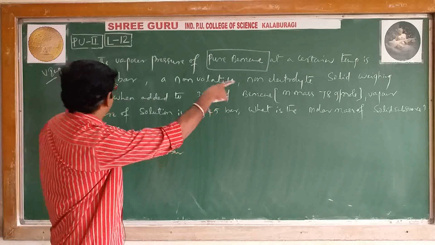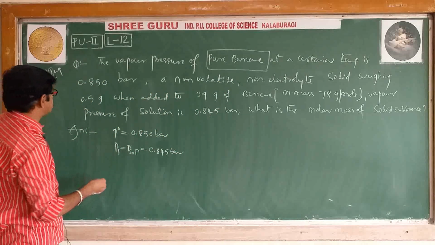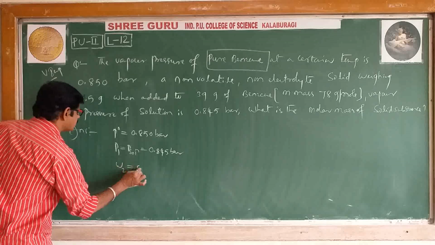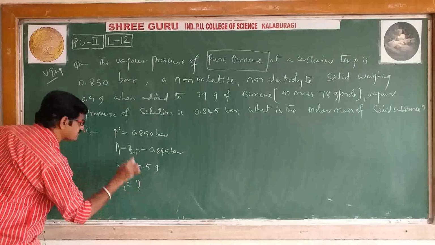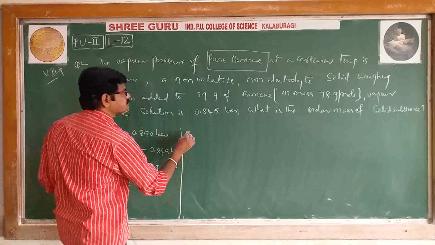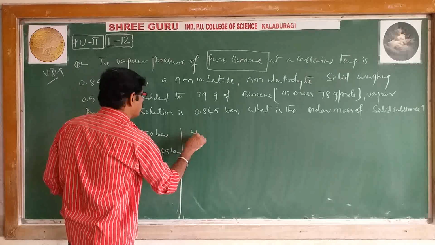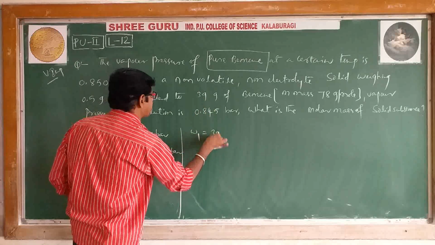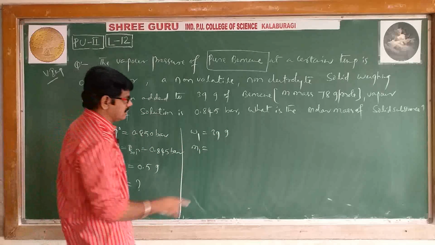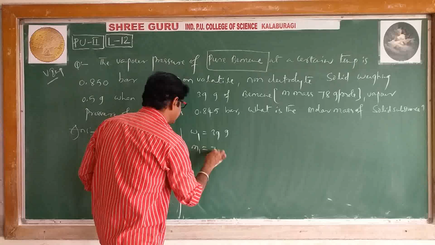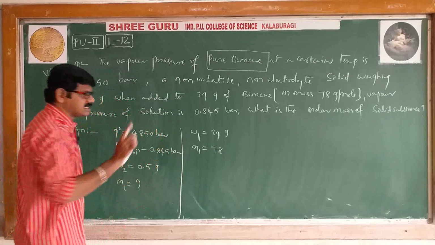Next, non-volatile solute, that is W2, is equal to 0.5 grams, and M2 is the question mark. Next, W1, mass of solvent, is 39 grams, and M1, molar mass of solvent benzene, is 78, and this is the data.